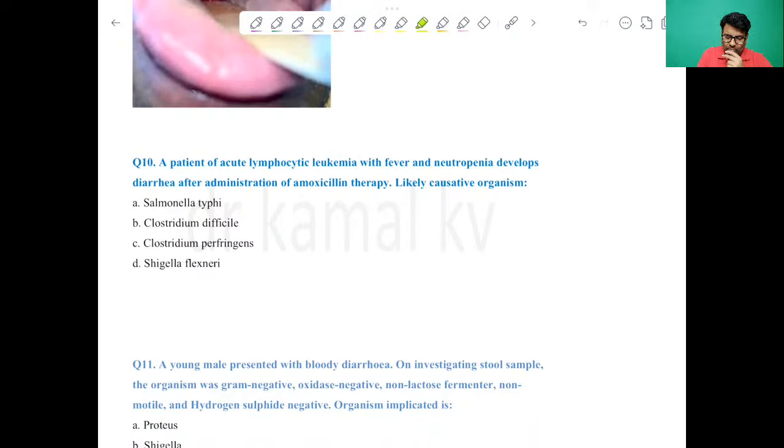Now, a patient with ALL, leukemia, is having neutropenia. Because of that, he was having fever. Now he developed diarrhea after amoxicillin therapy was started for fever. So a patient with acute lymphoblastic leukemia having neutropenia, that is a low neutrophil count, will clinically develop fever.